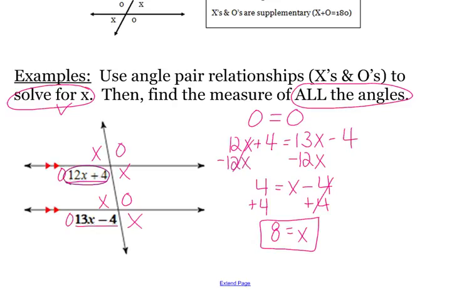So I'll pick this one to plug into. I know all of my O's are represented by 12x plus 4. When I plug in 8, 12 times 8 plus 4 ends up giving us 100 degrees.